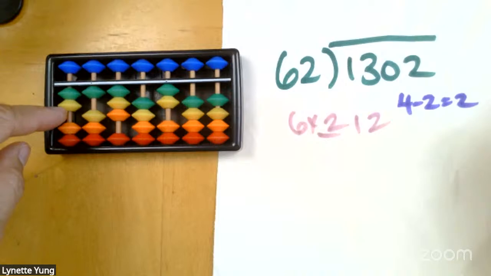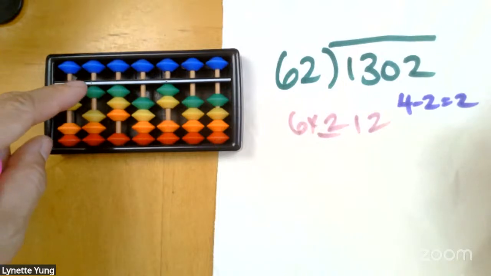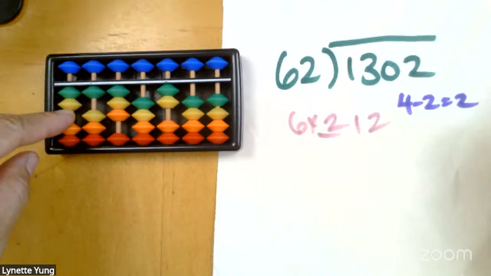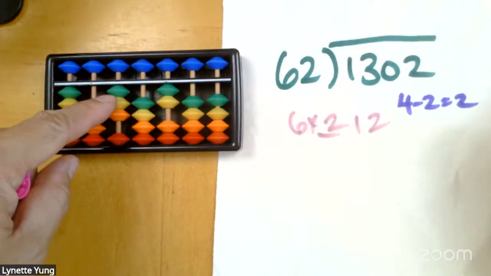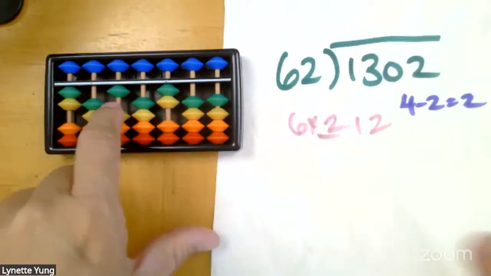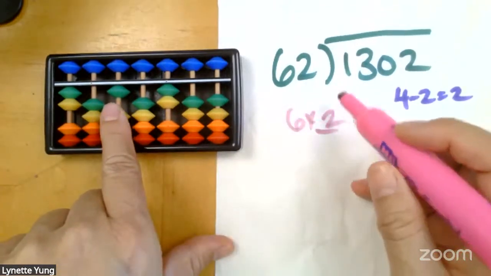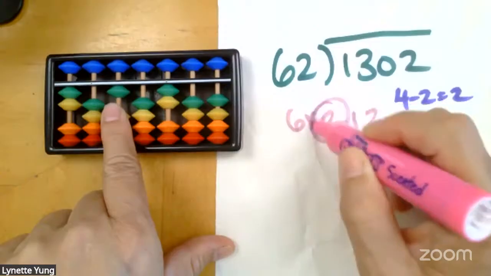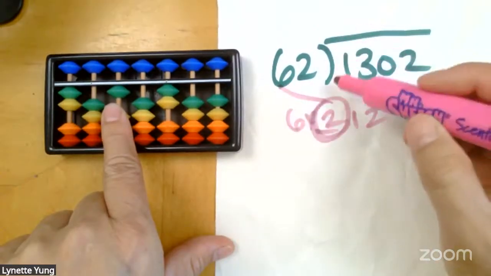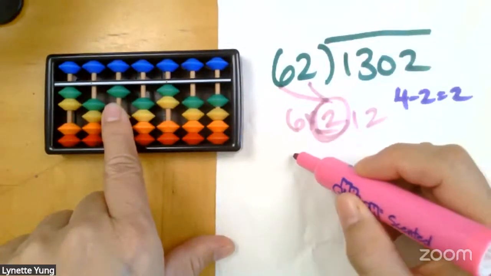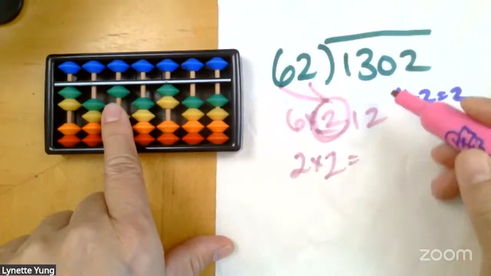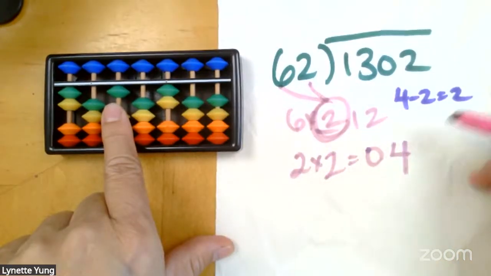So put 2 here. And then we want to subtract 12. So we subtract the 1 and we subtract the 2. Now, because you did the 2 here, you have to do 2 here. 2 times 2 is equal to 0, 4.